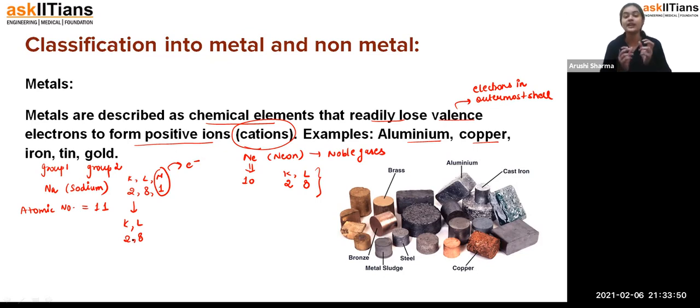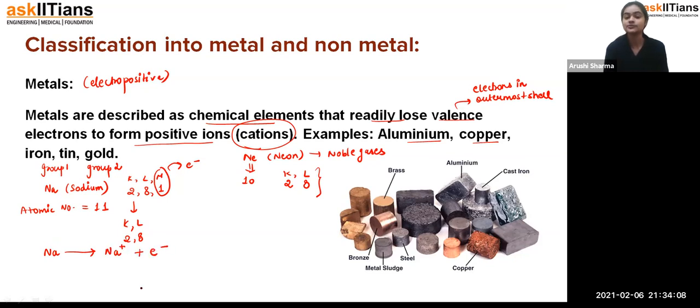When it loses its electron and forms the positive cation, that is why, students, metals are called electropositive elements. When sodium loses its one electron, it will occupy the plus charge.